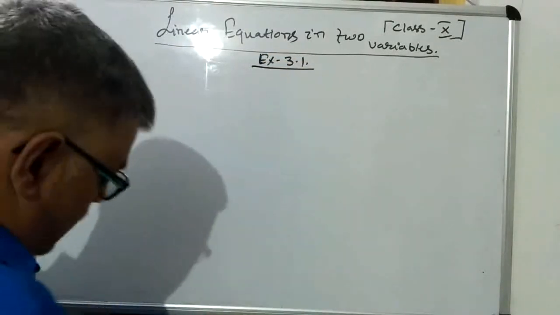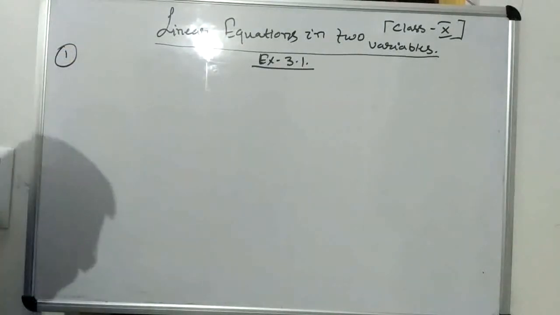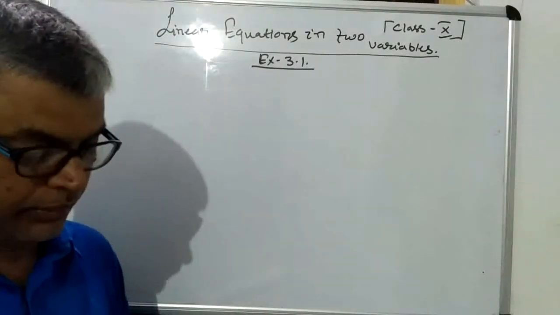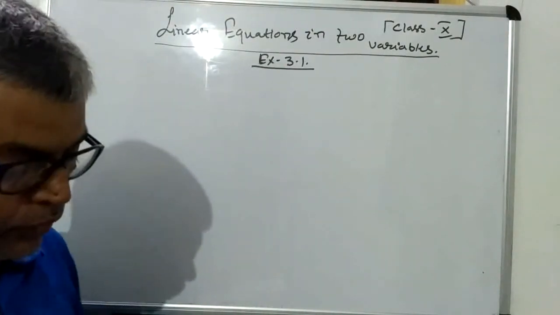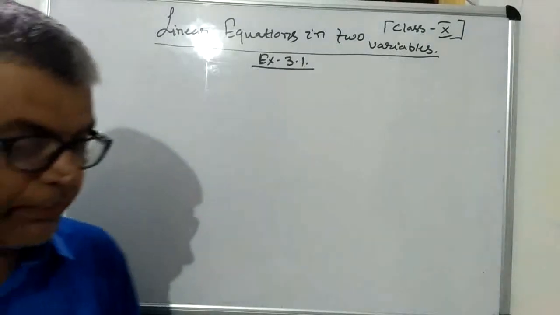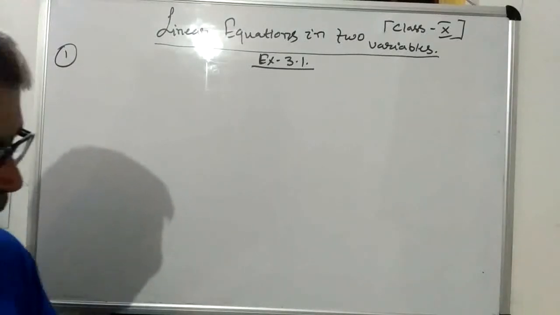That is the question from exercise 3.1. Your question 1 is: Aftab tells his daughter, 7 years ago I was 7 times as old as you were then.